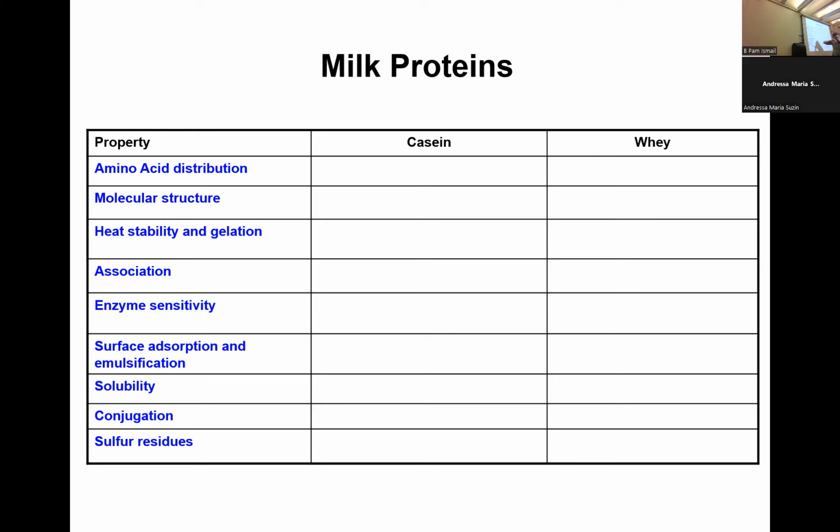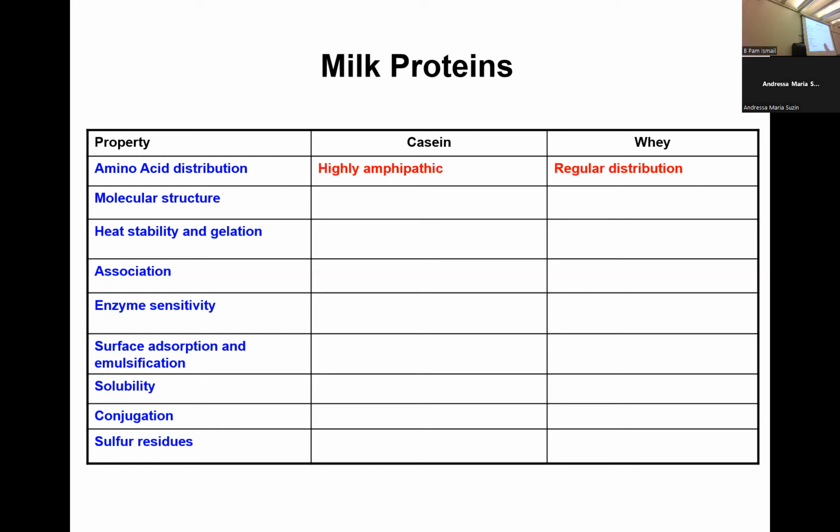So the amino acids are really in clusters, highly amphiphilic. However, in whey you have a more regular distribution of hydrophobic and hydrophilic amino acids. You don't have a lot of clusters and separation like we have in casein.